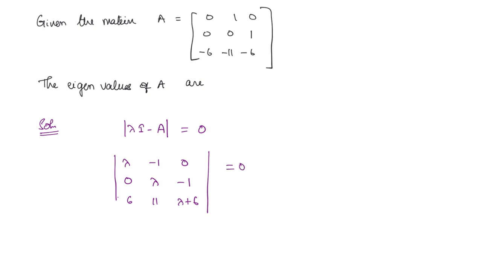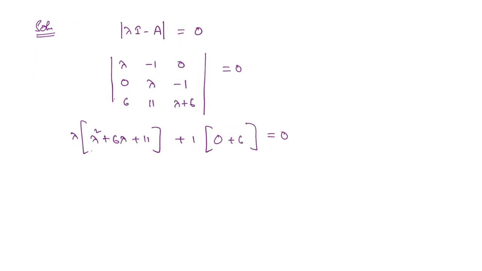This is equal to 0. So here you are going to get lambda into (lambda square plus 6 lambda plus 11) plus 1 into 6, equal to 0. So the equation is lambda cube plus 6 lambda square plus 11 lambda plus 6 is equal to 0.